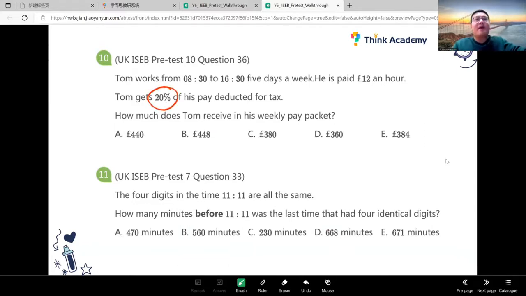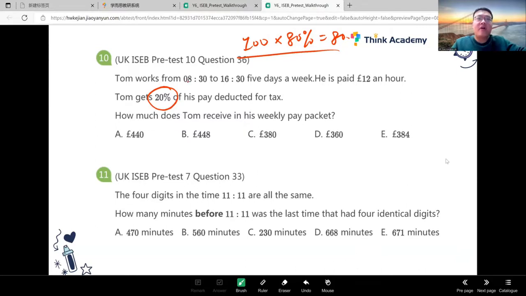So what does that mean? That means if I earned 100 pounds, I'm going to pay the tax of 20 pounds. So I can only get 80% of that myself, which is 80. And for this question, how much does Tom receive in his weekly pay package?